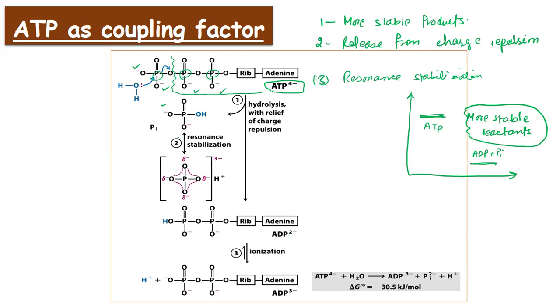And you can see here that inside the inorganic phosphate, there is a double bond between phosphorus and oxygen, and this double bond resonates between these other oxygens. So we all know that resonating structures are much more stable. So because of the phenomenon of resonance in the products of ATP hydrolysis, its products become more stable and ATP hydrolysis becomes more favorable.